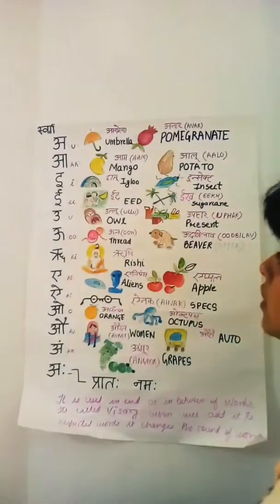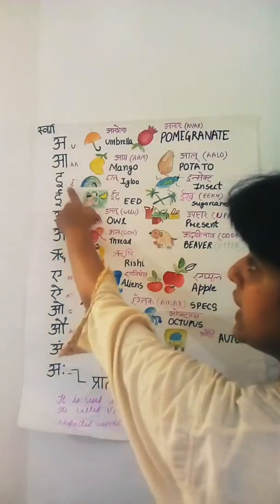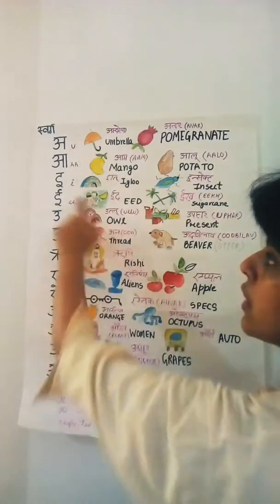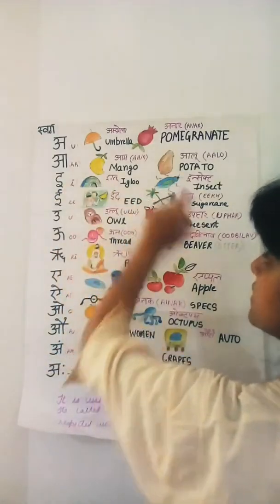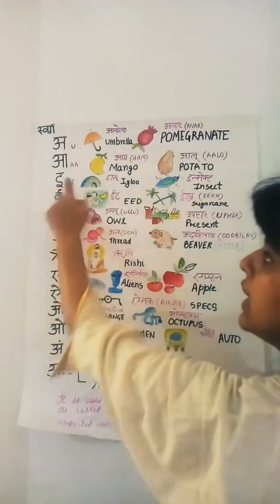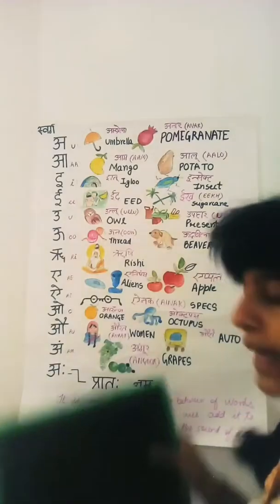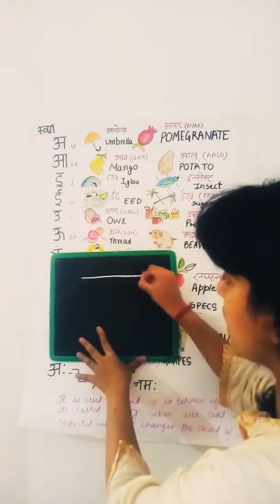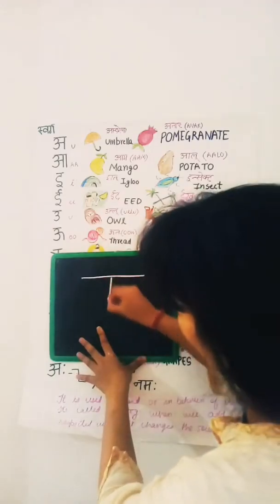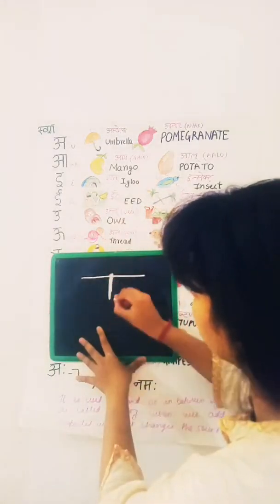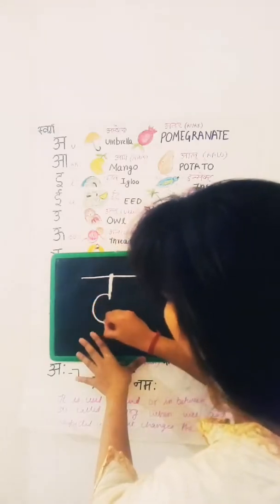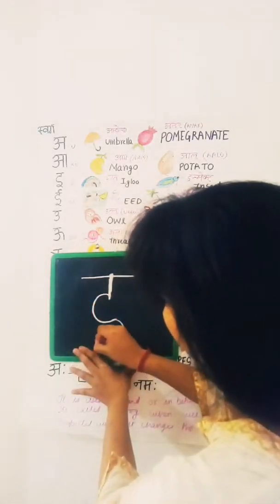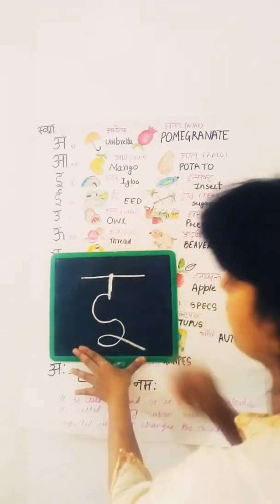Now we come to the next letter, E. E for igloo. E for insect. So how do we make E? First, a straight line, a small vertical line, and then a half circle, an opposite half circle, and then an arc here.